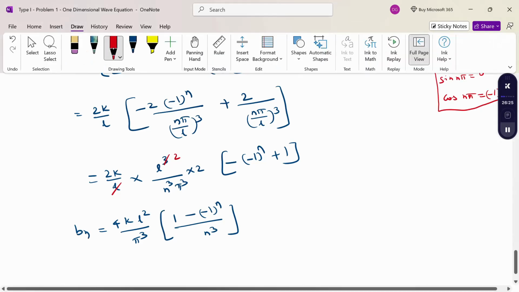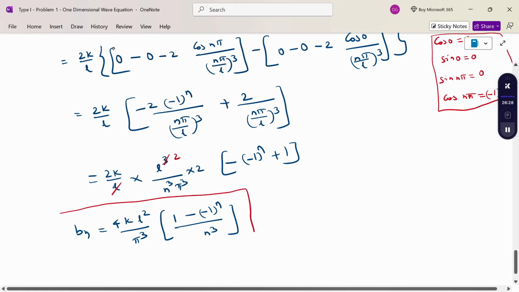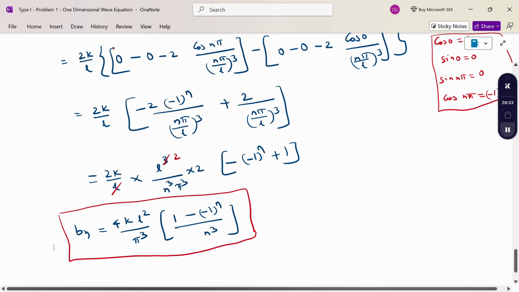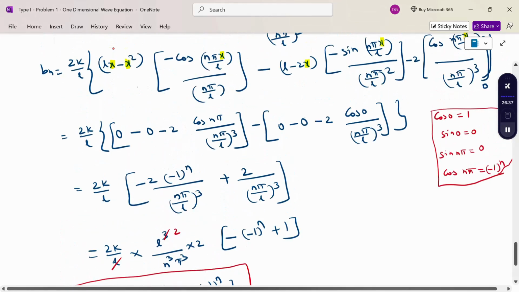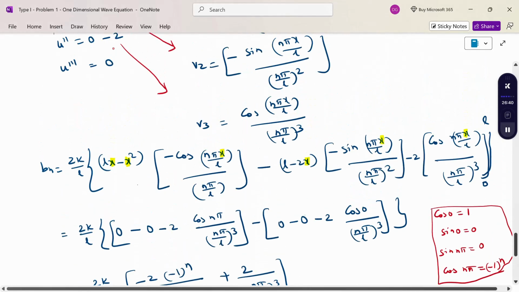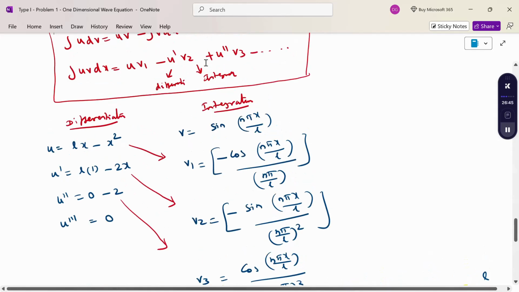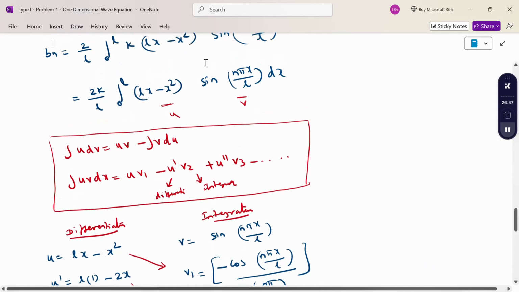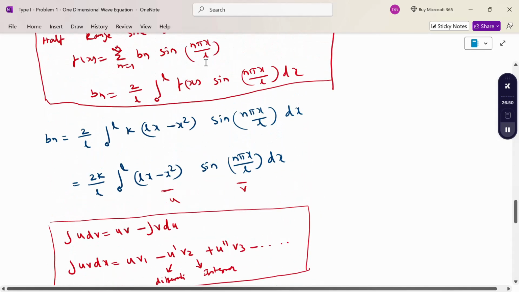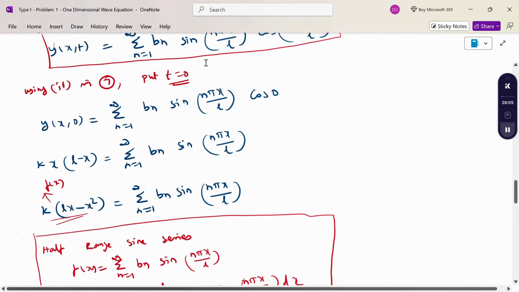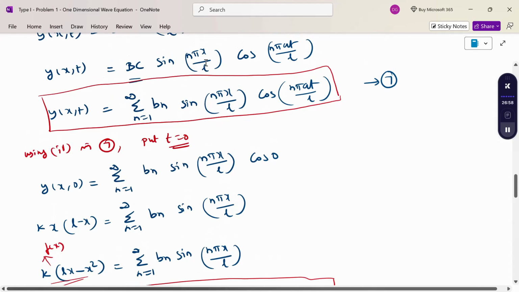This Bn is to be substituted in the previous equation. Now I consider the equation number. What is the previous equation I took earlier? I think the 7th equation, the previous equation before starting this. This equation only I am going to substitute the Bn value.